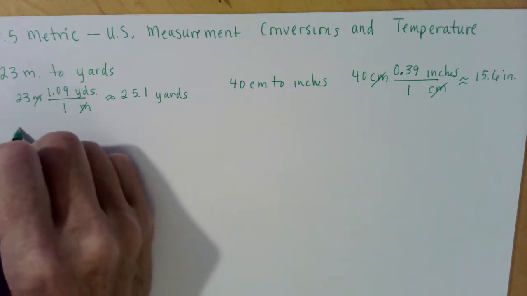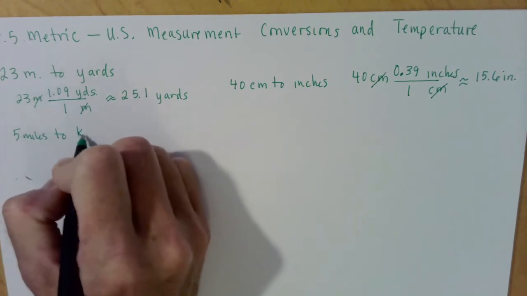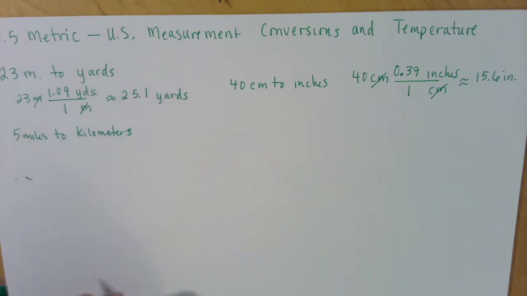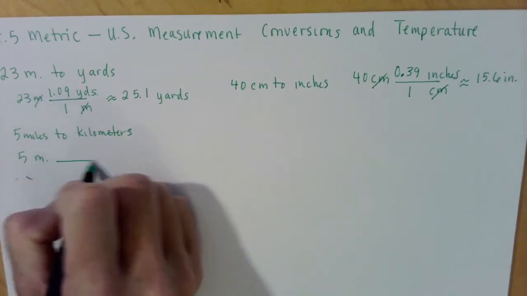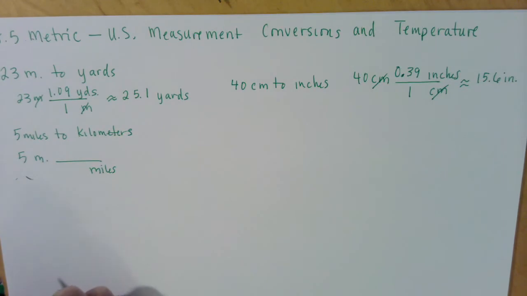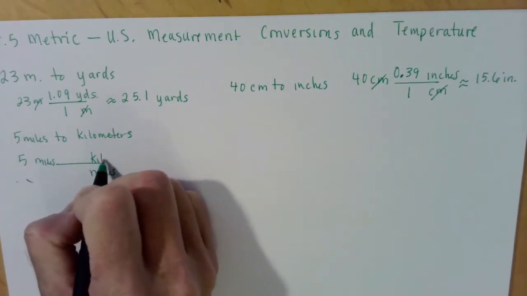How about this one? Let's go 5 miles. Let's convert that to kilometers. Okay. Now, again, put your miles that you want to change right there and miles on the bottom. I'll write that all out so it doesn't look like meters. And then we want kilometers.